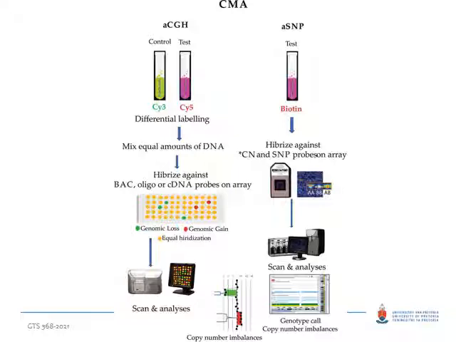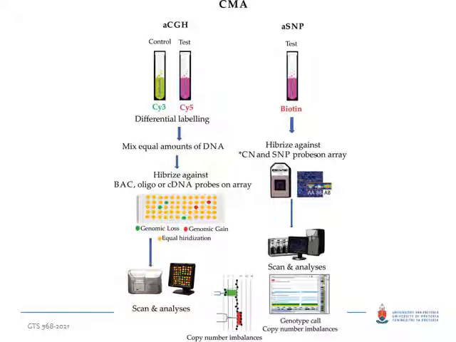Just to recap the differences between an array CGH and a SNP array. In an array CGH, the test sample and a control sample are co-hybridized to BAC, oligo or cDNA probes on an array and analyzed depending on the fluorescence signal, indicating copy loss, a green signal, and copy gain, a red signal.